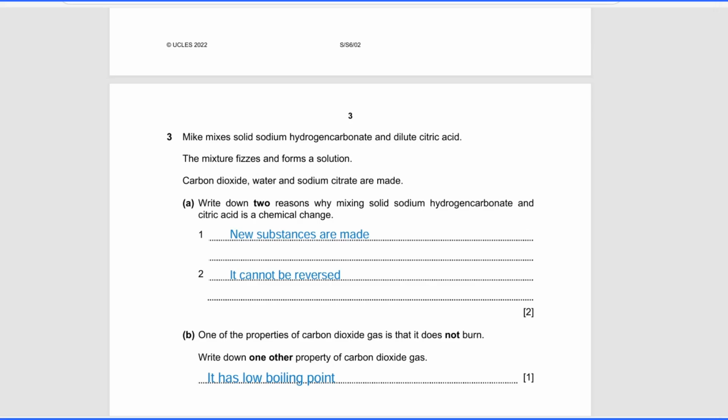One of the properties is that it has a low boiling point. But if you have any other idea, you may write it down in the comment section. Other properties can be it does not conduct heat, or it turns lime water into a milky white solution.